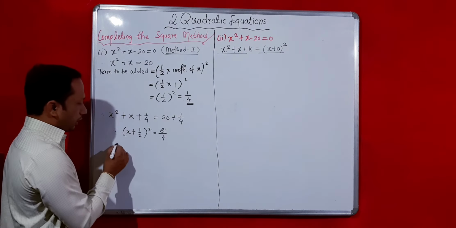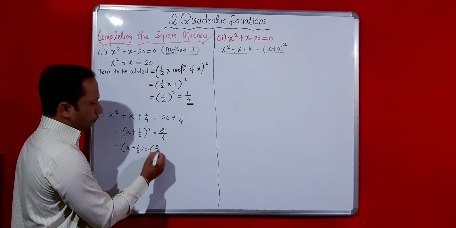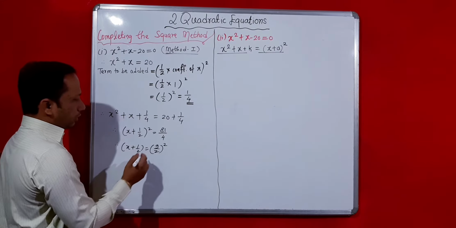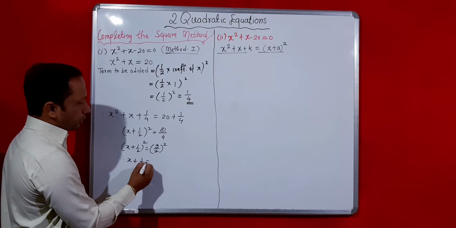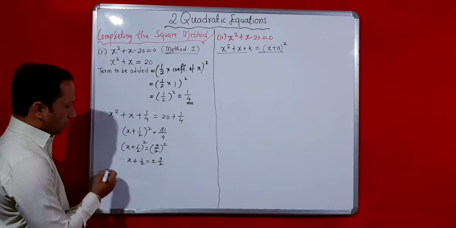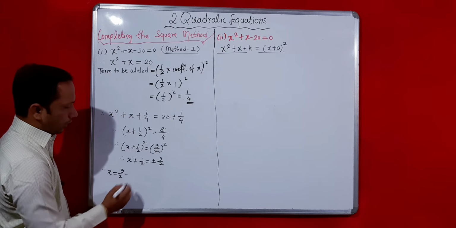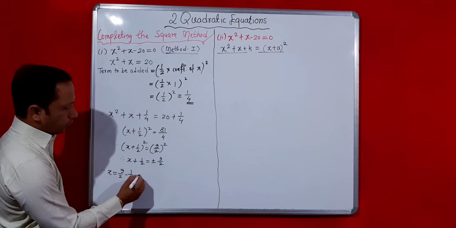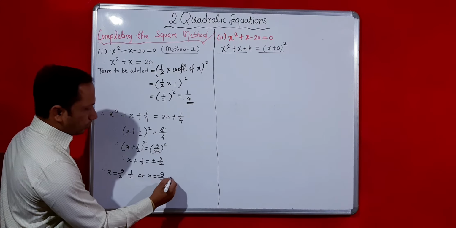Now if I rearrange, I get (x plus 1/2) bracket square is equal to (9/2) bracket square. Therefore, by taking the square root on both sides, x plus 1/2 is equal to plus minus 9/2. Now do the complete calculation. So I will get x is equal to 9/2 minus 1/2, or x is equal to minus 9/2 minus 1/2.